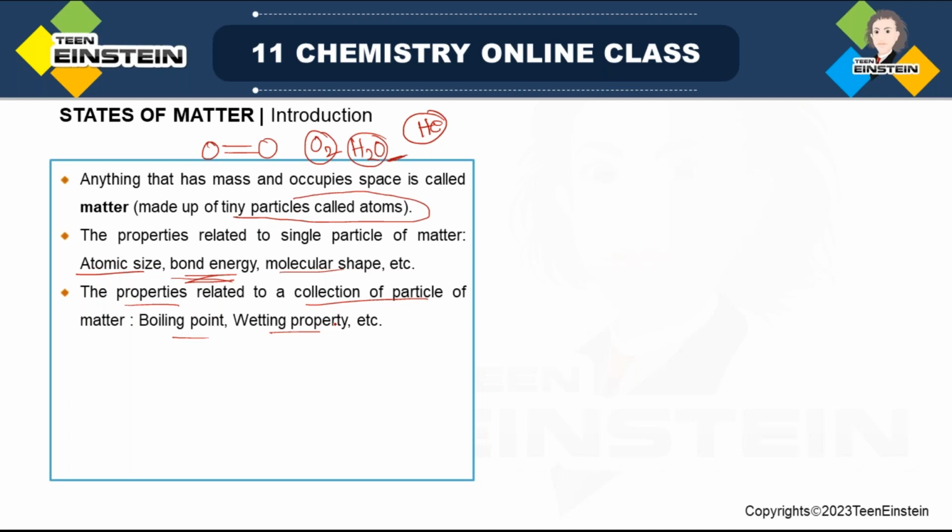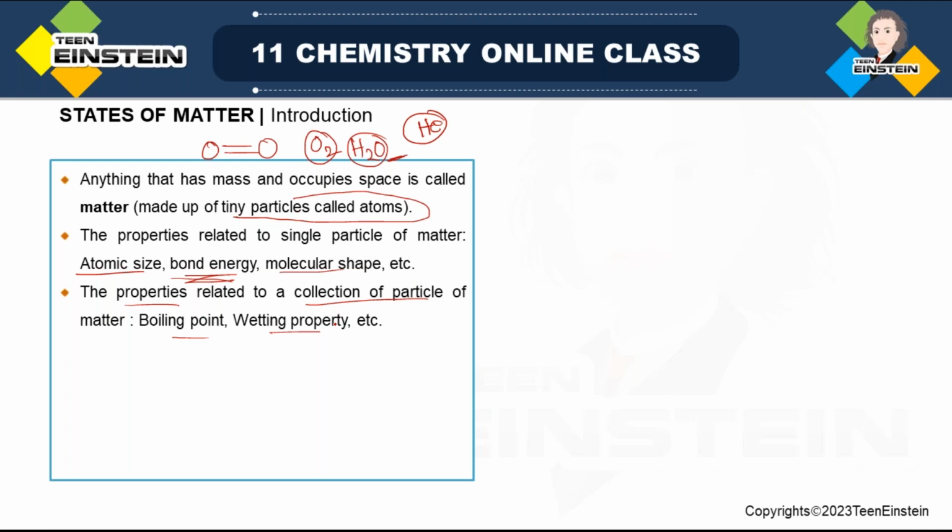Because when you consider boiling point, what are you doing? You are changing the compound from its liquid state to the vapor state. So when you are talking about this property, obviously that will be related to several single particles of matter. Only when you consider all of them together does the question of boiling from liquid to vapor or melting from solid to liquid arise.